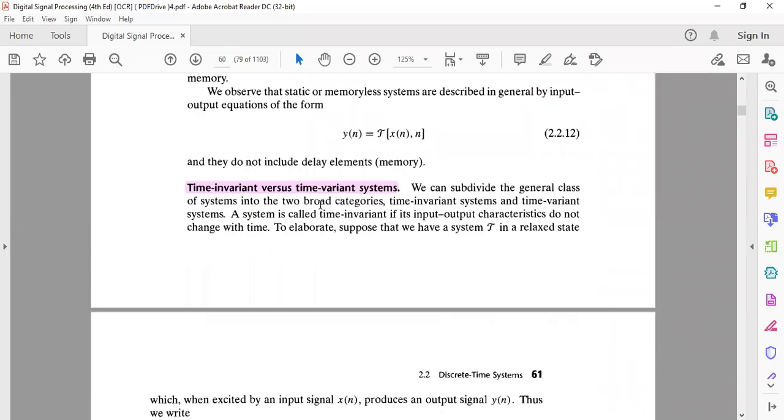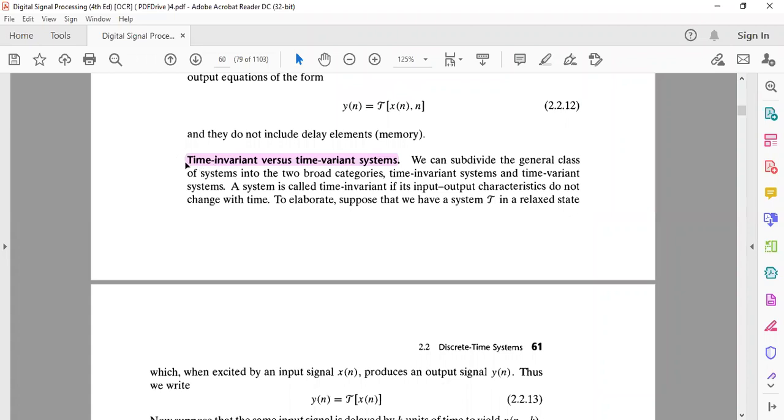The other classification we have is time invariant and time variant systems. We can subdivide the general class of systems into two broad categories: time invariant systems and time variant systems.